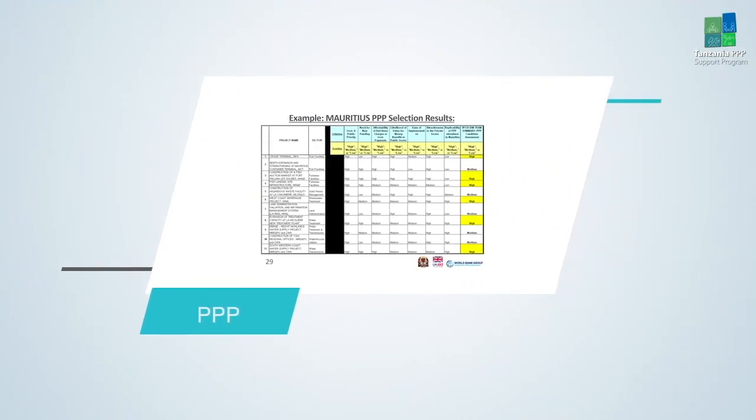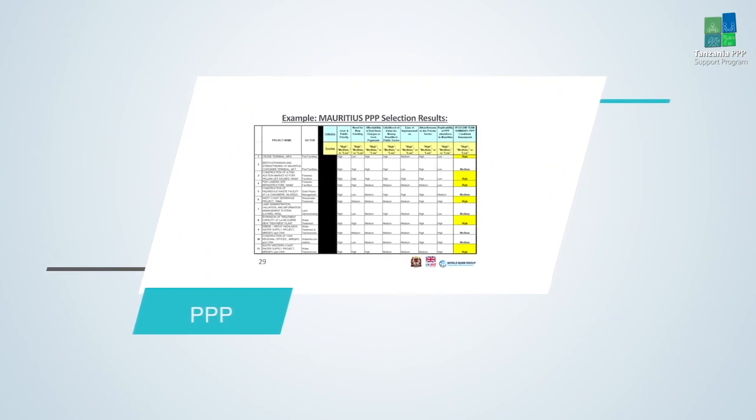So we have the other criteria here that we've also reviewed. Is it likely to be affordable? Is it likely to provide better value for money? And we scored them. You'll see at least the sectors here are things like in the port sector, expanding the container terminal, the port in Port Louis. Another one is for a cruise ship terminal.